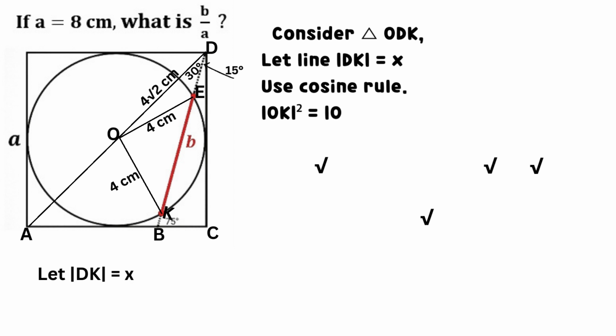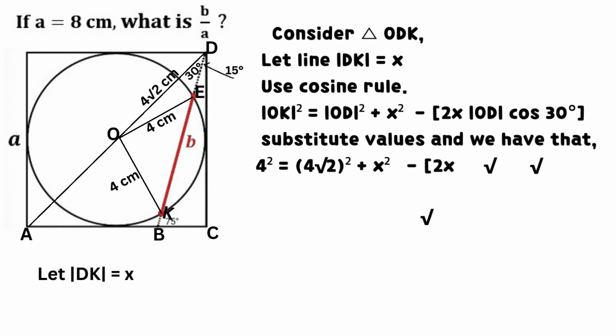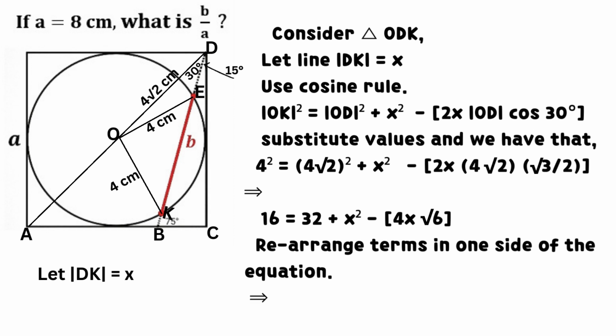Consider triangle ODK. Let line DK equal X. Use cosine rule. The square of OK equals the sum of the square of OD and the square of X minus 2 times the product of X and line OD times cosine 30 degrees. Substitute values and we obtained an equation as shown on the screen.